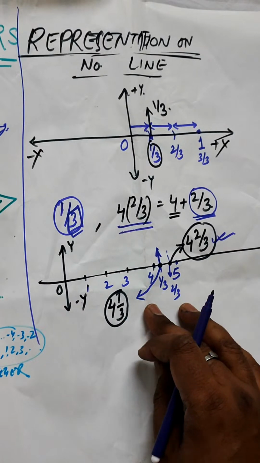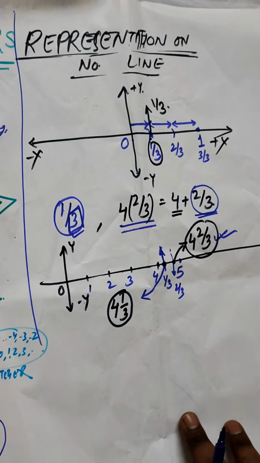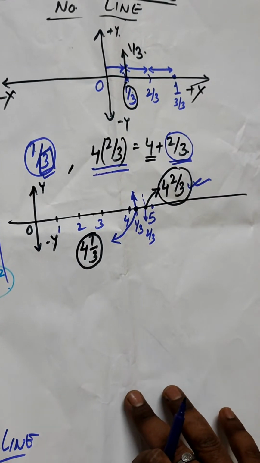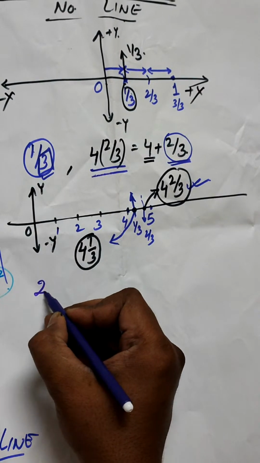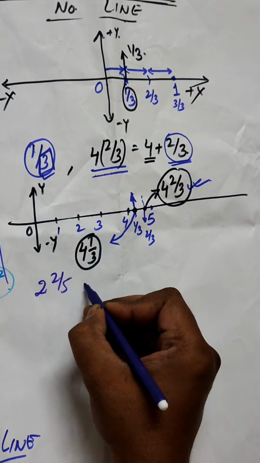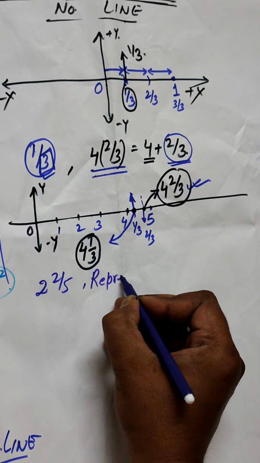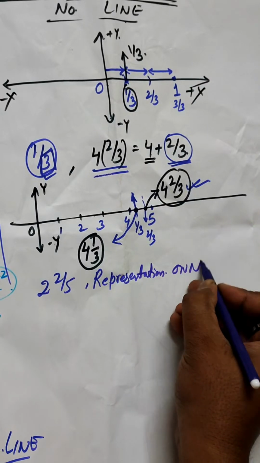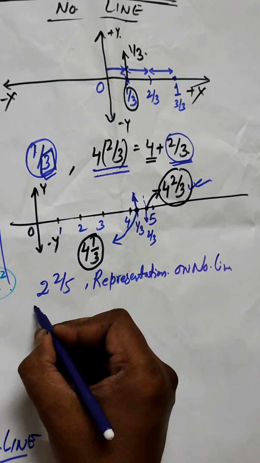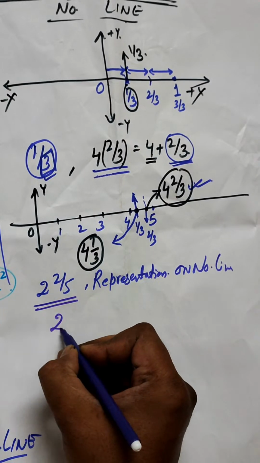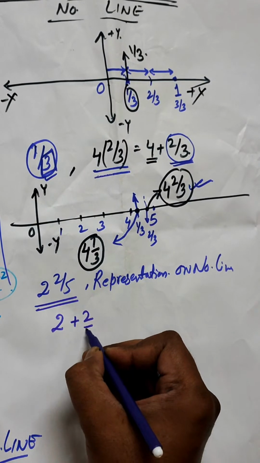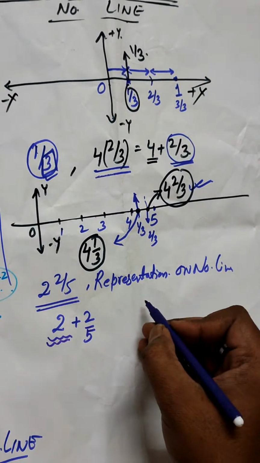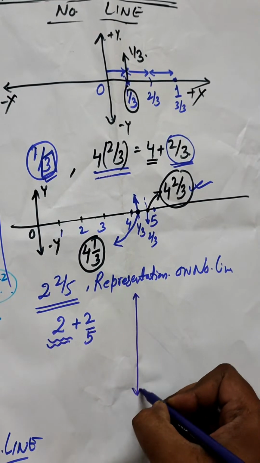I want this concept to be very clear so that you can understand the number line and representation on the number line. Let's take another example, 2 2 by 5. Representation on the number line: 2 2 by 5 can be written as 2 plus 2 by 5, right? 2 is a whole number, so representing it on the number line is not a very big task for you.